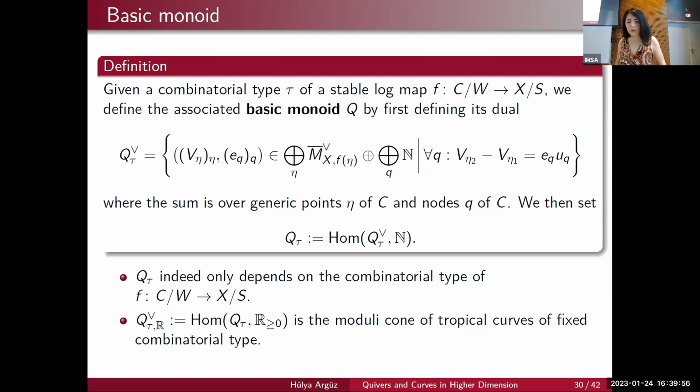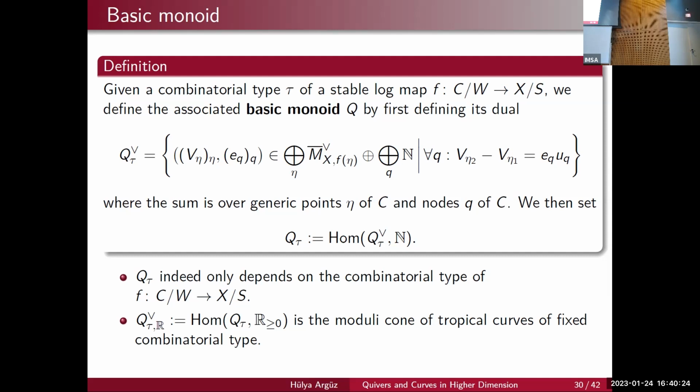It's a submonoid inside the space where, for each node of your domain curve, you get a copy of M. For each generic point theta, I'm looking at the monoid with my Gauss sheet, the slope of it at f of theta. And so I'm defining a submonoid where I allow to vary vertices V, eta, and E denotes the edges of the dual graph.